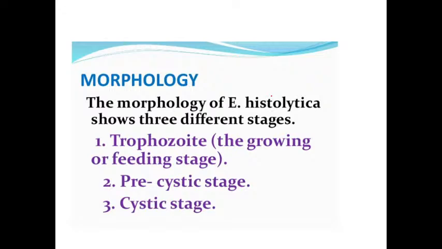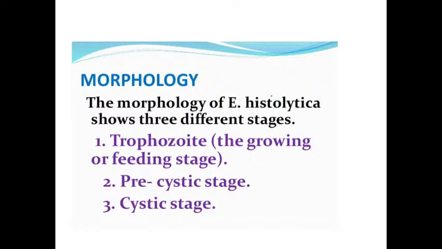That is, first is trophozoite, which is the growing or feeding stage. Second is the pre-cystic stage. And the third is the cystic stage.